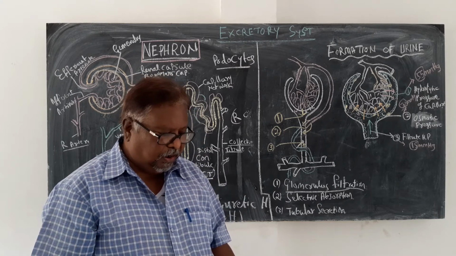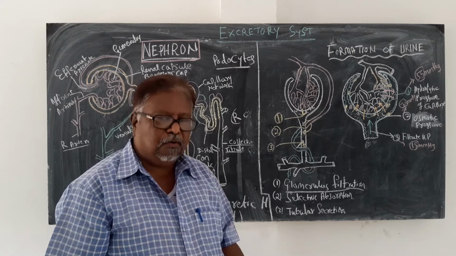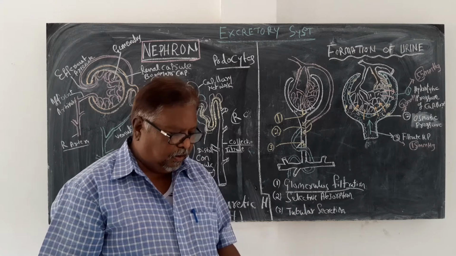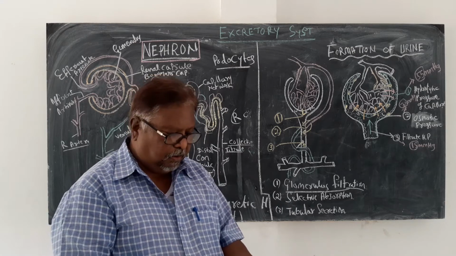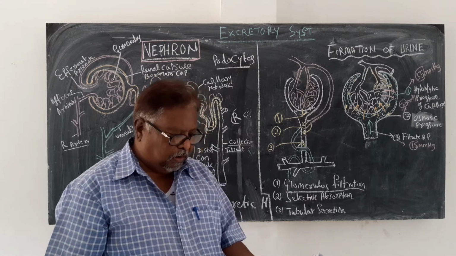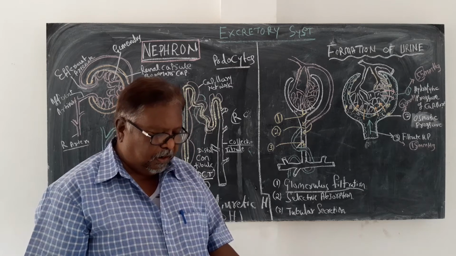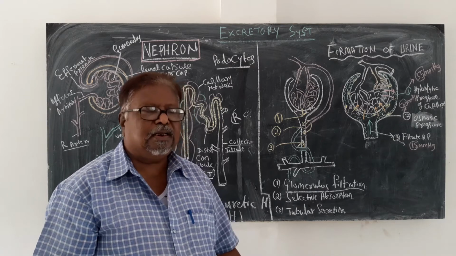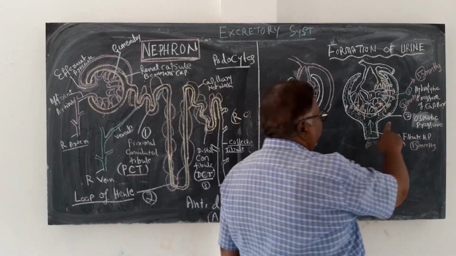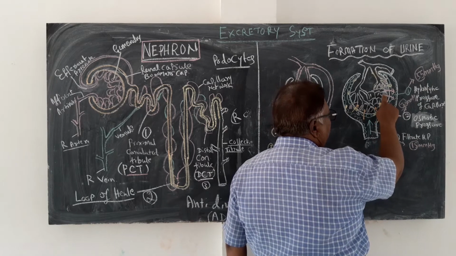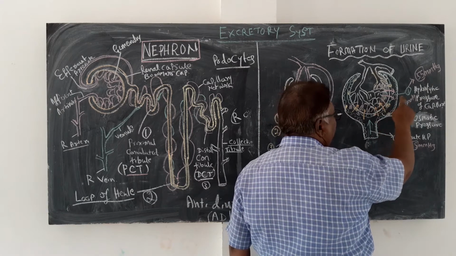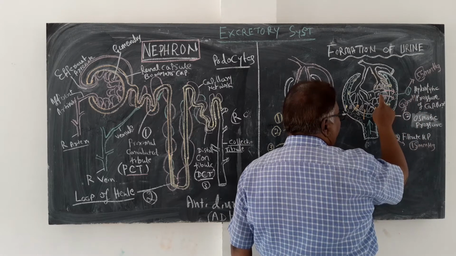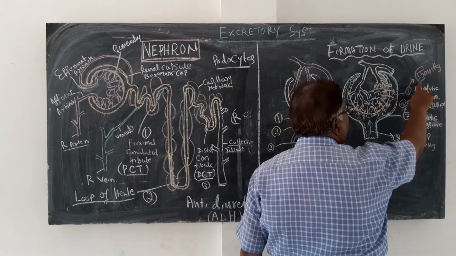Now the fourth point, the capillary network of the glomerulus has 55 mmHg. Here the pressure is called hydrostatic pressure, and this hydrostatic pressure of the capillary is 55 mmHg.